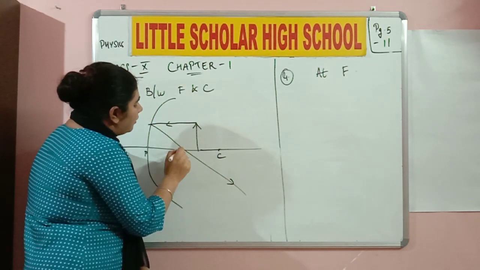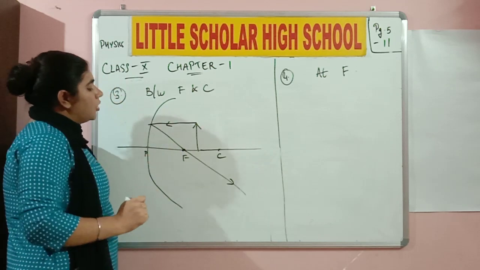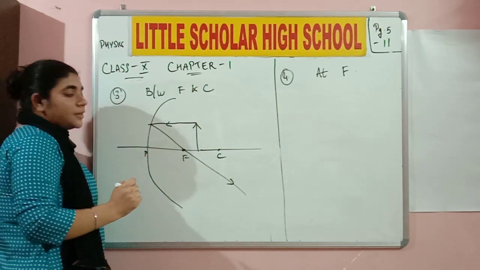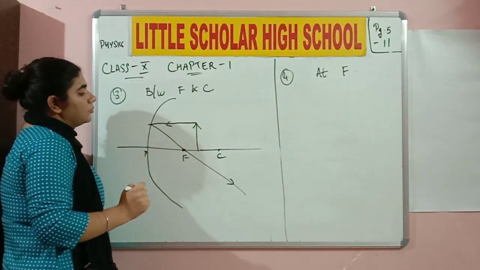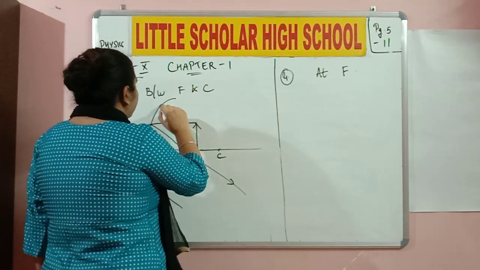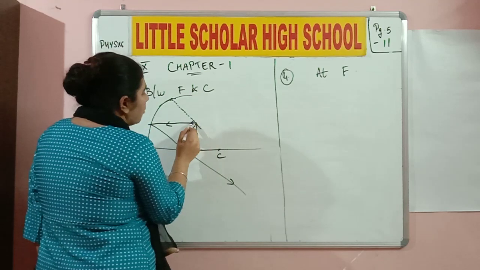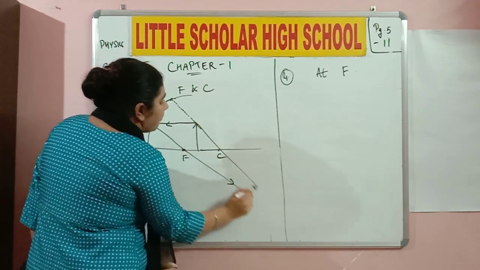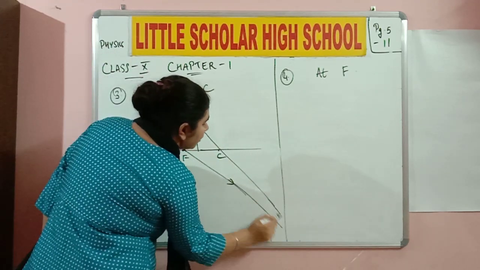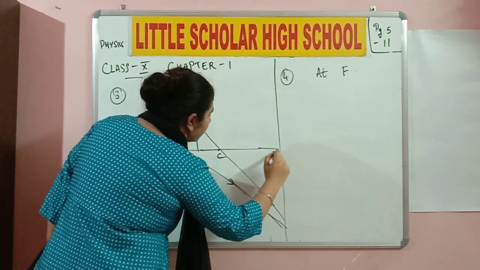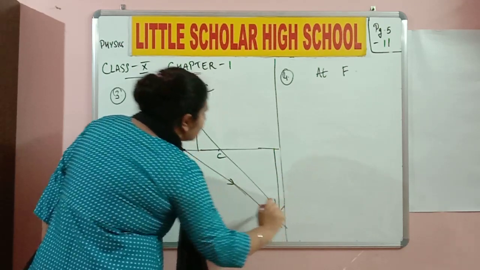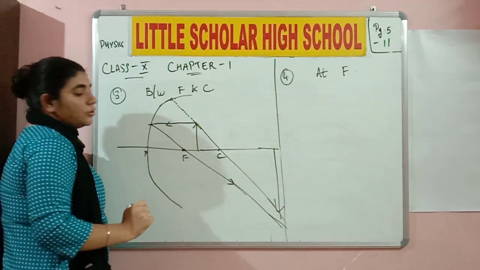Now what do you think is going to be the next incident ray? It is going to be somewhat like this. It is going to pass through the center of curvature and it meets somewhere over here and the image is going to be enlarged. Do you understand?